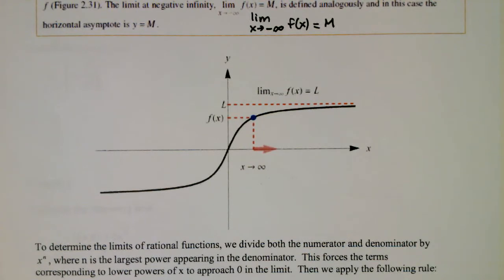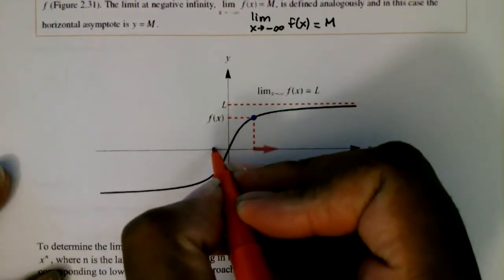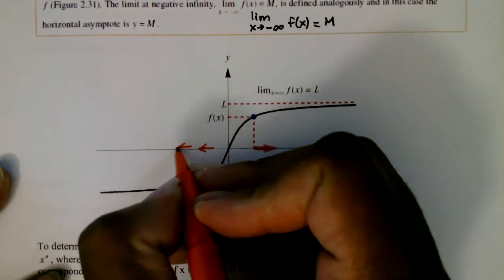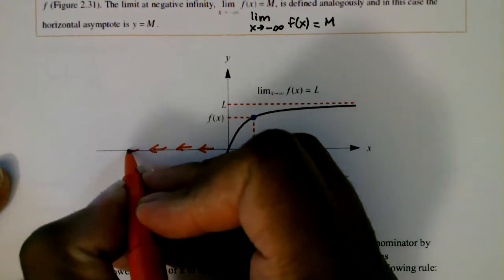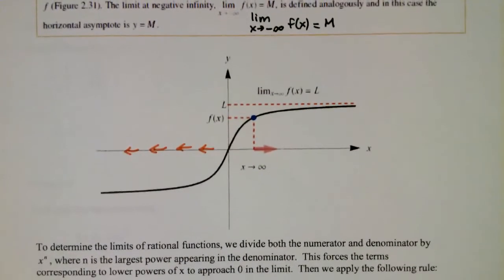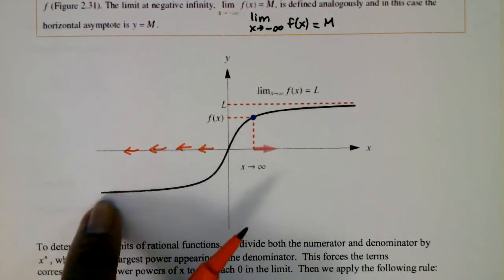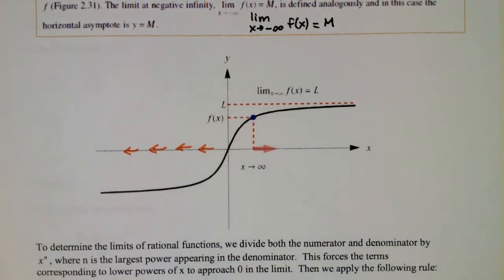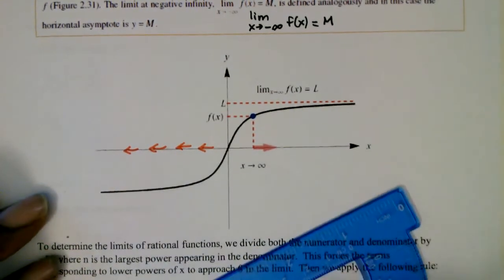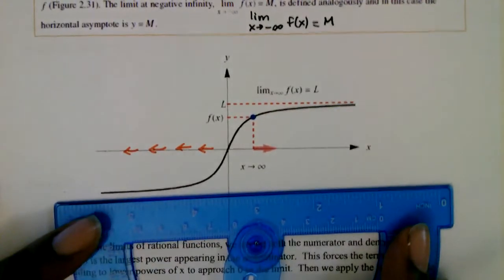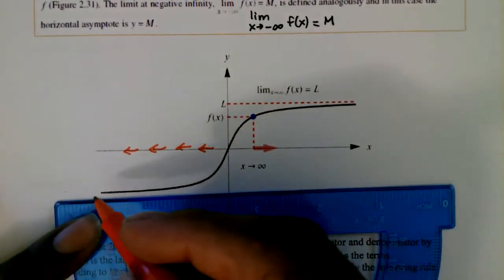as we let x approach infinity. And now for negative infinity, in other words, if we let x approach negative infinity, as we let x get smaller and smaller and smaller, then this will get closer and closer to some limiting value, which we're going to call, I'm going to draw a vertical dotted line here.